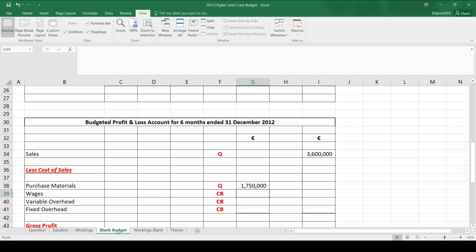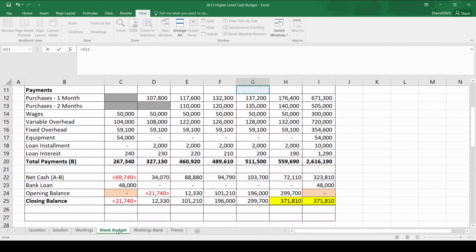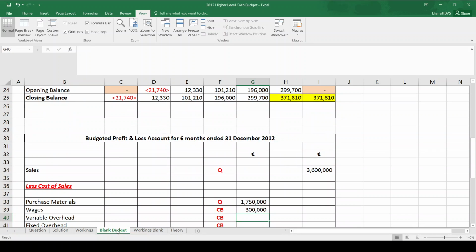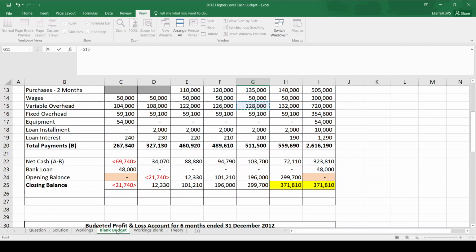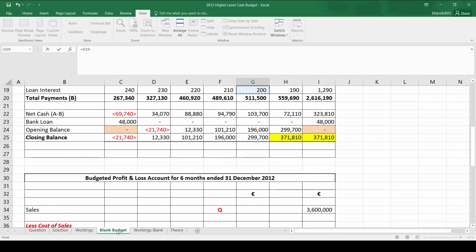The wages, variable overhead and fixed overhead can be taken from the cash budget because they are all payable as incurred, meaning the expense was in the month that it was incurred. So they can come from the cash budget.